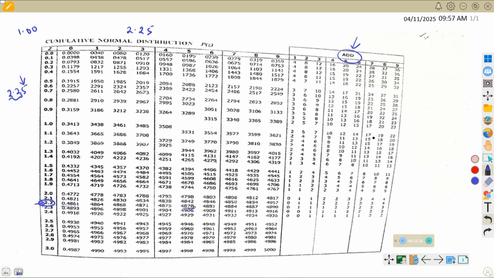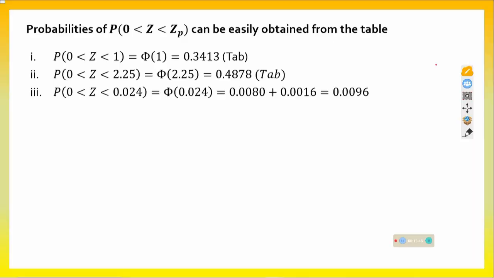When you are taking this value, you take it as 0 point. So the first value is 0 point, so this value here will be 0.4878. That will be the value we are having here.